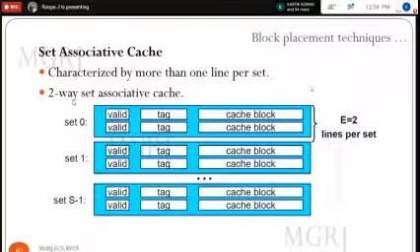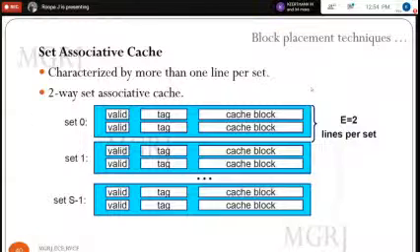Why? Because in one set you have 2 blocks here. That means one block of your main memory can be brought to one of these blocks or the other block. So it has 2 options now.